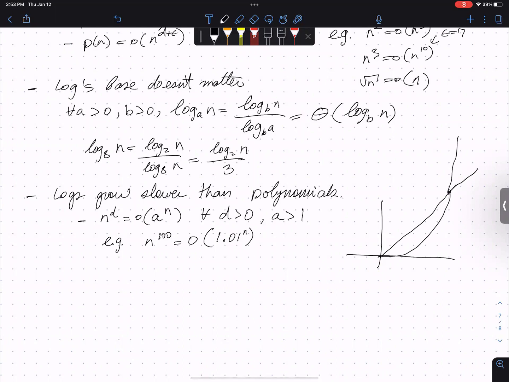But when it does, it then really goes off. So it's just about where that n naught is, but you still will always have that polynomials grow slower than exponential functions. This was a typo, so this should be polynomials grow slower than exponential functions.